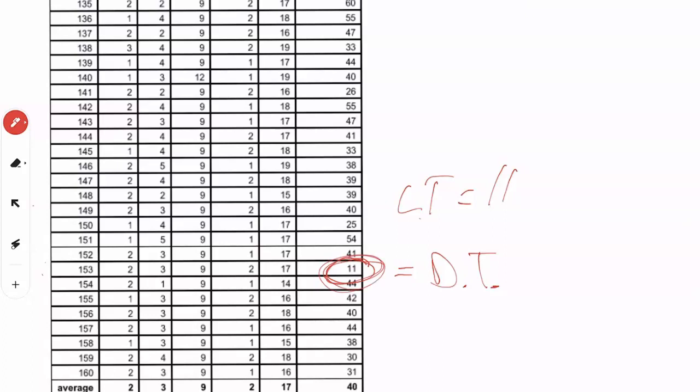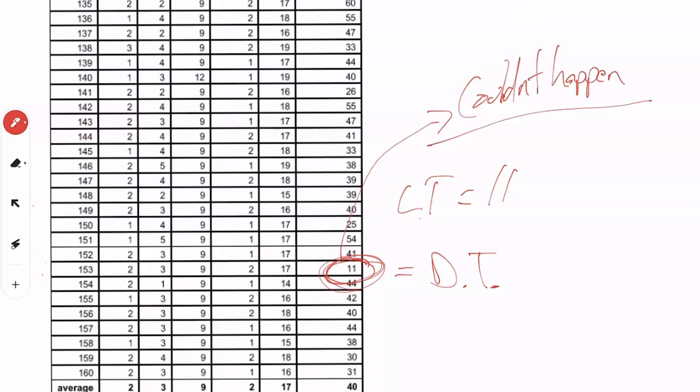I allow teams to throw out that outlier, that anomaly, from the data set for the following reason. When we're collecting process improvement data, the goal is to capture data that is a true reflection of what's going on in current state. And this 11-minute record just could not have happened. If you've got data that is not a real reflection of current state, then it's data that we're going to remove from the analysis.